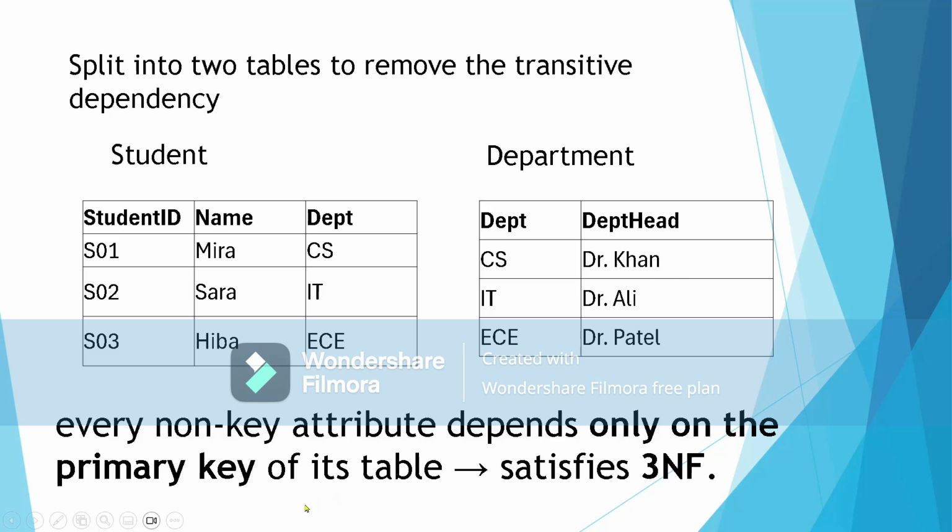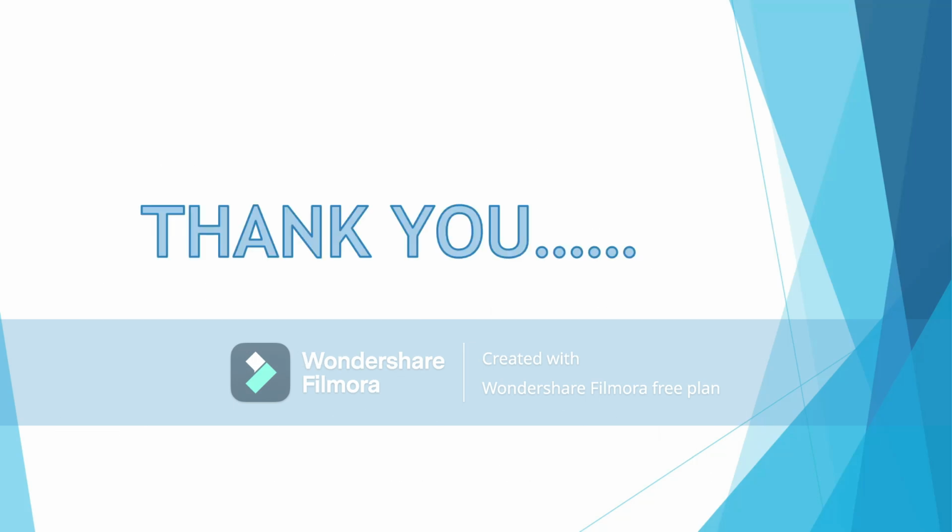So here non-key attributes depend on the primary key only. Name and department depend on student ID, and department head depends on department name. In this way transitive dependency is removed and the relation is in 3NF.